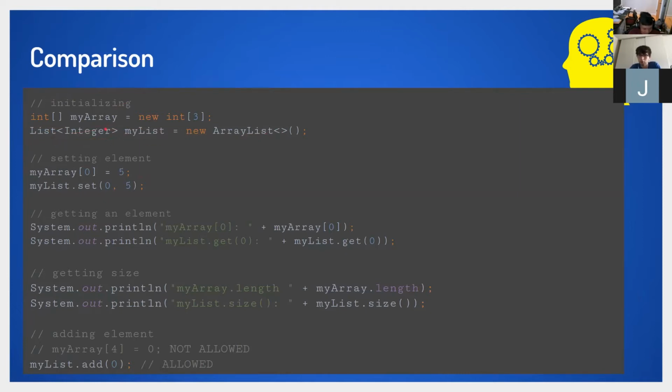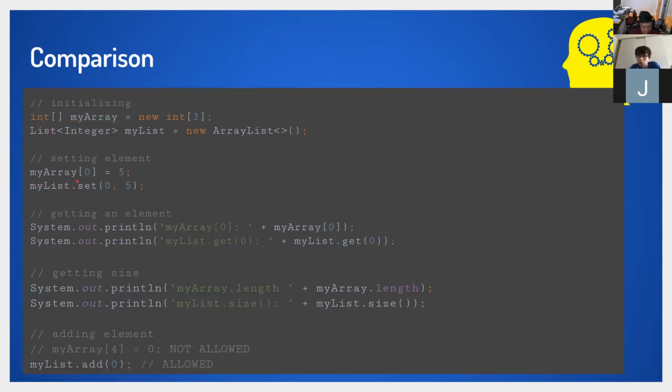But either way, List integer my list equals new ArrayList. And notice here that we're already creating the array with a size of 3, but here we're creating it with a size of 0, and then it will grow and shrink as we go. In order to set an element, you say my array 0 is equal to 5. That's with a primitive array, right?